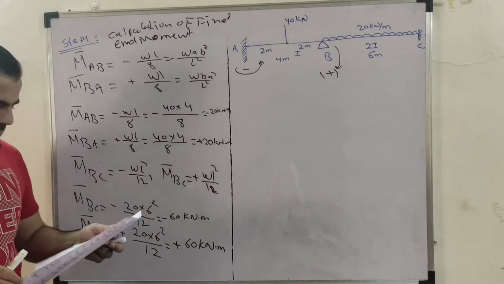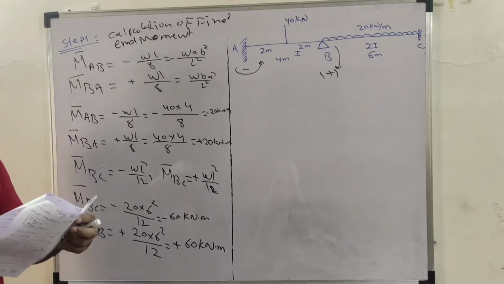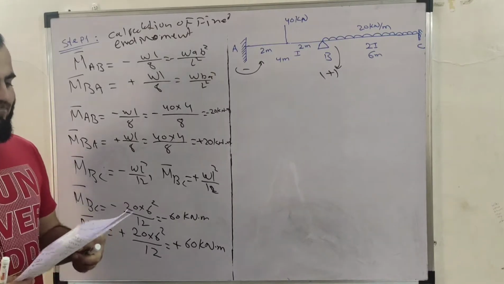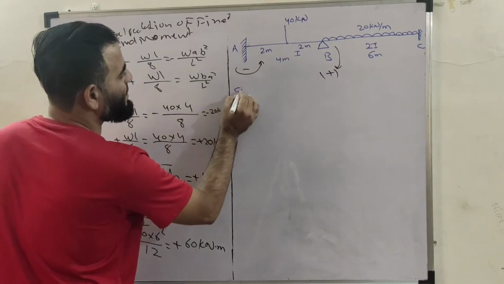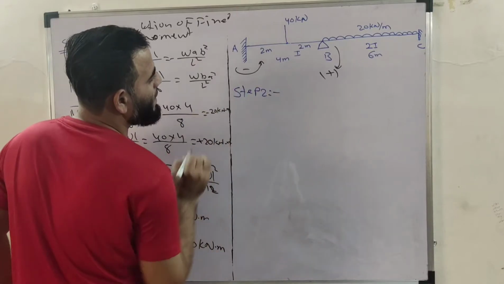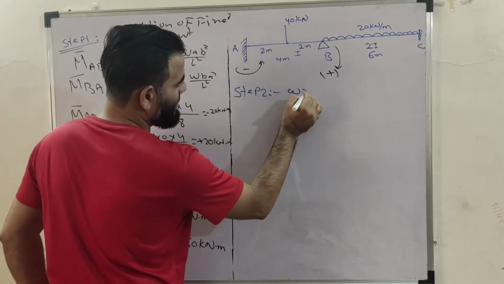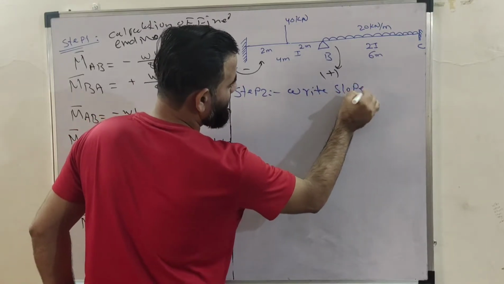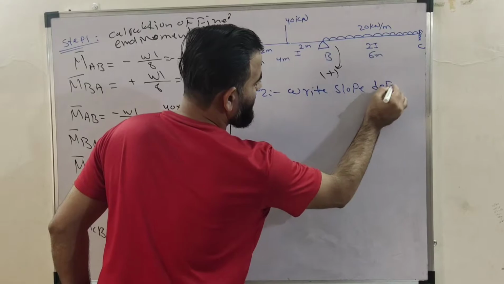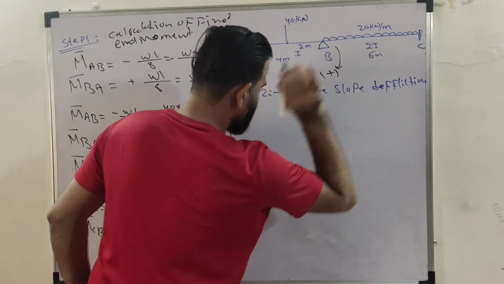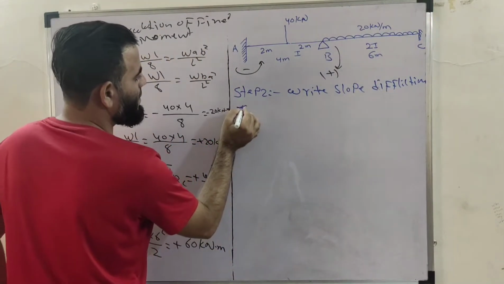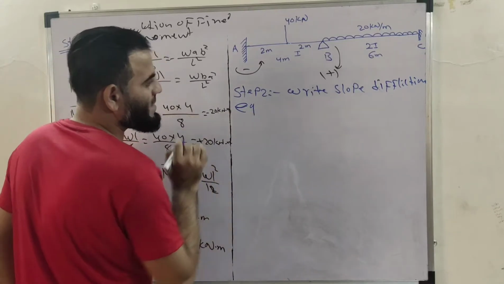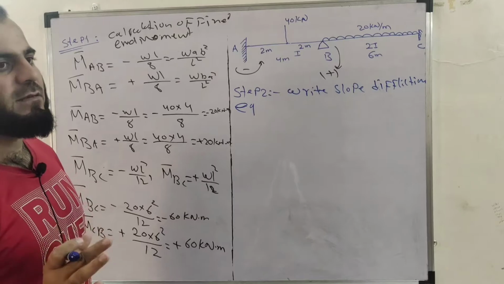The second step, step number 2, is to write the slope deflection equations, considering displacements as unknown.